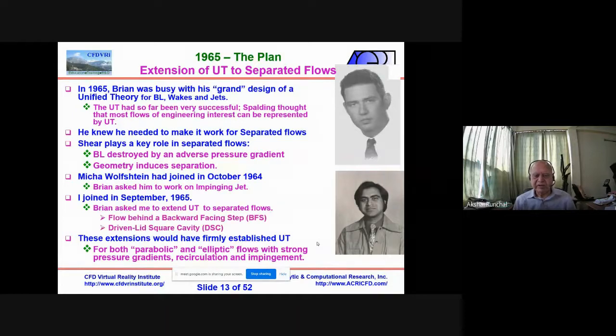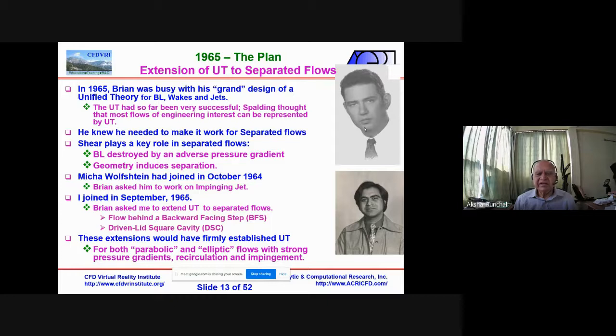Suhas was working on wakes and jets and boundary layer flows, and he had asked me to work on recirculating flows. And the third more important class of flows are what are called impinging flows, where like a jet hits a wall. So he had asked Micha Wolfstein to work on that. So we were all three working in parallel, but on each subclass of problems.